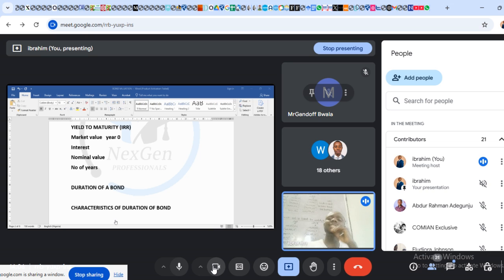So what now is the question: what is duration of a bond? Class, duration of a bond is akin to payback period. You can match duration of a bond to payback period.